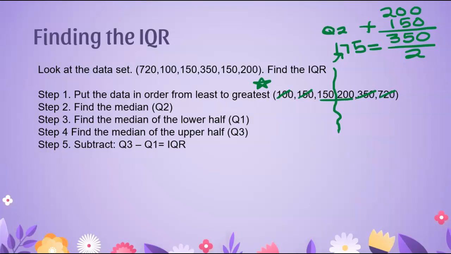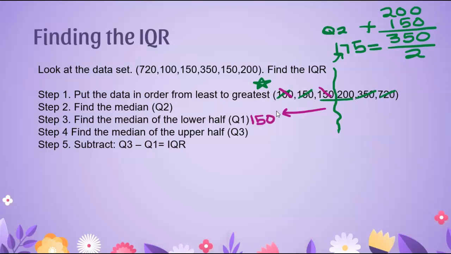So now we have to find the median of the upper and the lower half of the data. All right, so the lower half, I like to start with the lower half, is down here. We are going to do our slasher method again. Slash, slash. Oh, there it is. Right there's 150.